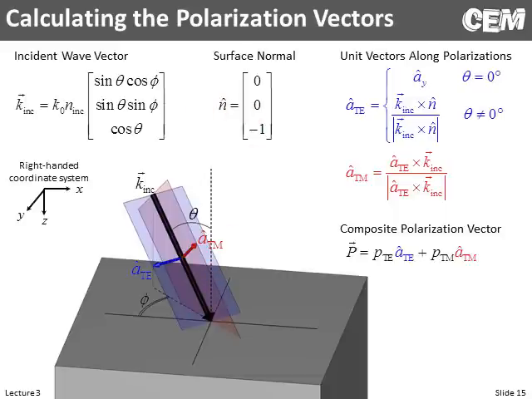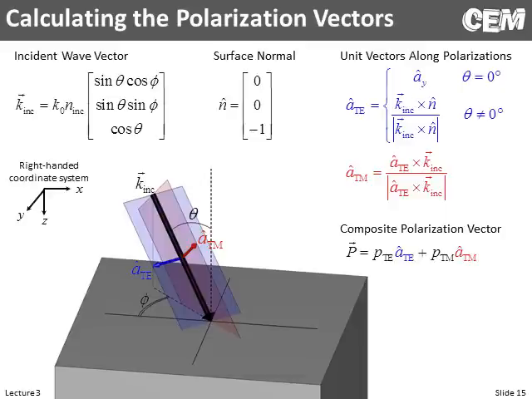The first thing I like to do is calculate a unit vector in the direction of the TE polarization. So we want something sticking out of that plane. Well, there's a plane defined by the incident wave vector, k, and the surface normal. We have two vectors and they define a plane. That's the plane of incidence, right?